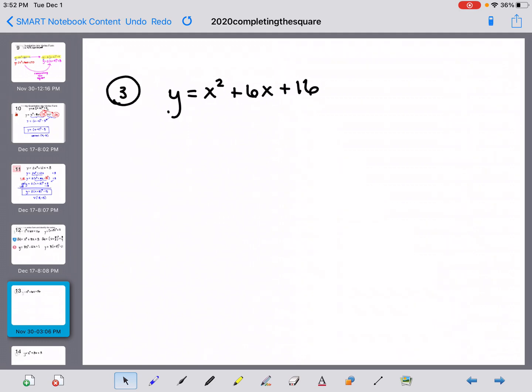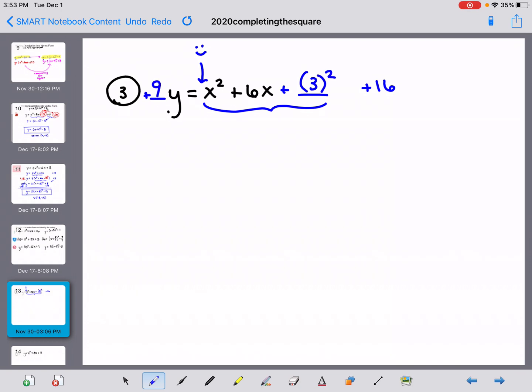So here was number 3. I look and I say it's a 1x squared, right? That makes me happy. That means this isn't a super tricky problem. I'm going to take my constant, the 16, and I'm going to move it off to the side. And then I'm going to complete the square. So plus blank, and then plus blank. In the space, I'm going to add 3 squared. I added 9 to the right side.